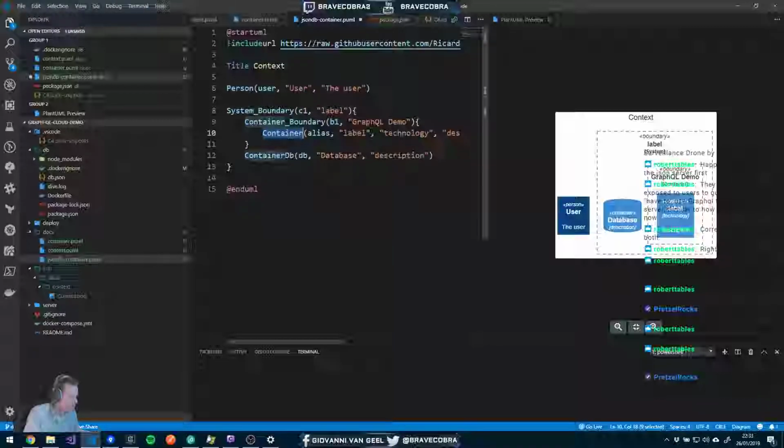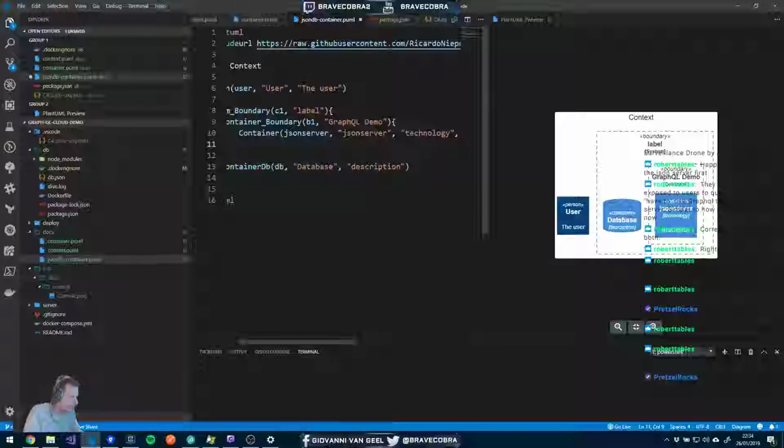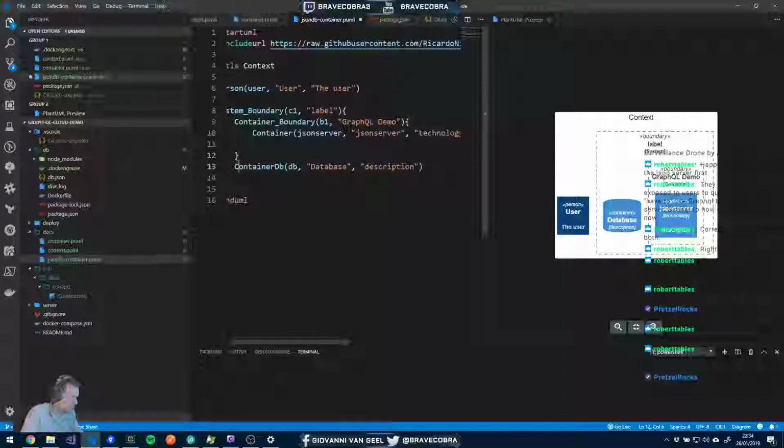But there's not too much going on right here because we have a JSON server, which is serving a file, right? That's a JSON file we were looking at.